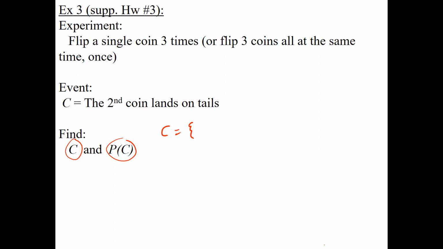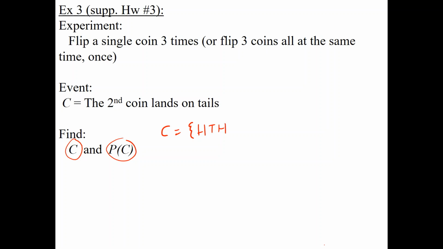So one way to do it is to try to figure it out without looking at the sample space. Or another thing you could do is you can go ahead and look at the sample space and scan it and see if there's any outcomes where the second coin lands on tails and put them all in here. I'm going to try to do it without looking at the sample space, but if you need to go back and look, go ahead. So the second coin has to land on tails. The other coins can be anything. So heads, tails, heads.